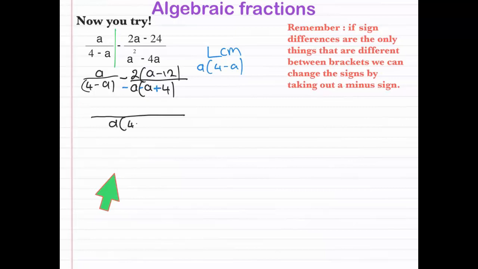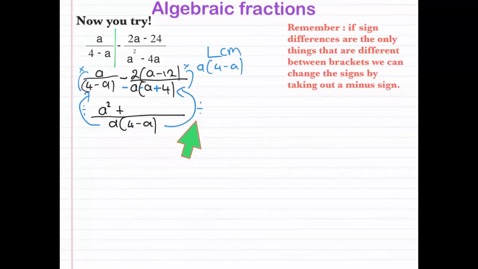So now I draw my division line and I include my LCM below the line. So a 4 minus a. And then I divide with that. And I multiply with that. So a 4 minus a divided by 4 minus a is just a. A times a is a squared. And then here the signs, a minus and a minus will just turn into a plus. And then we do the same here. We divide there and we multiply there. Okay, so again, a 4 minus a divided by a minus a plus 4, which is exactly the same two things.